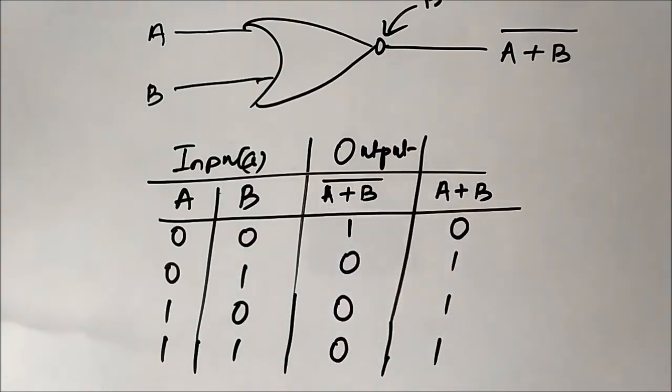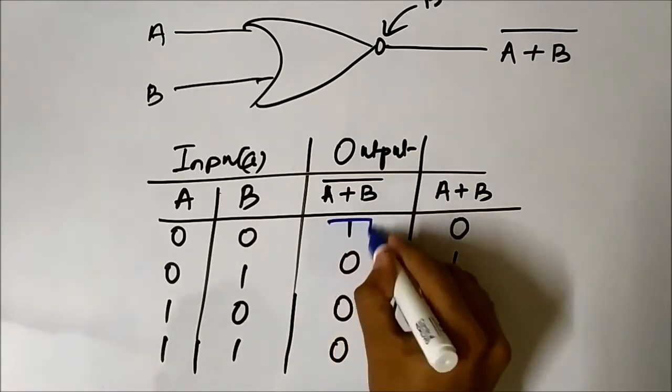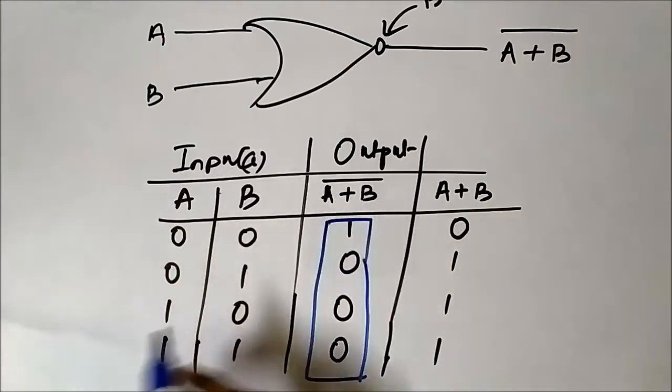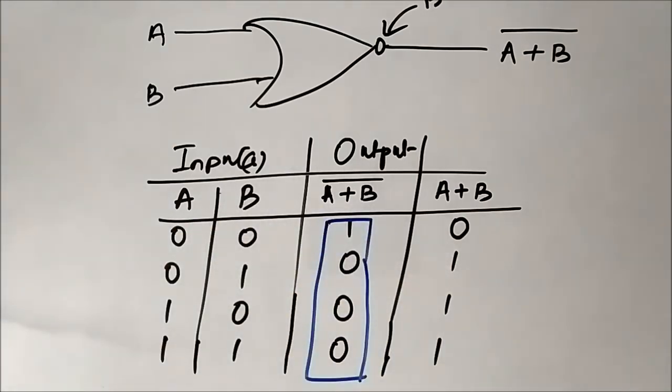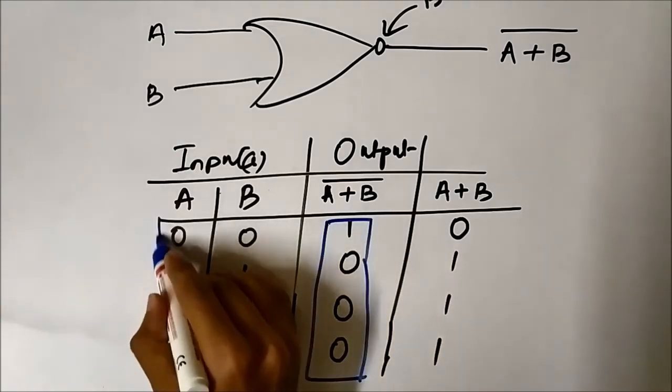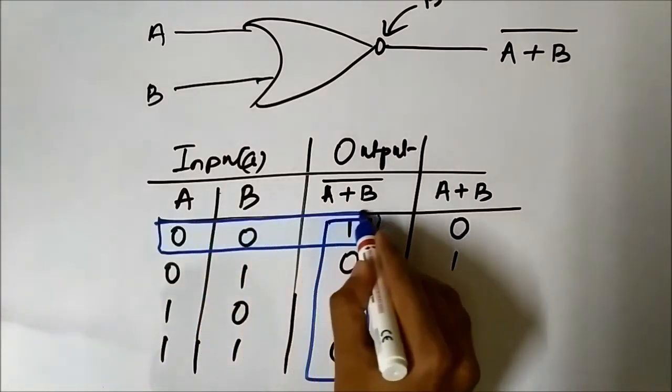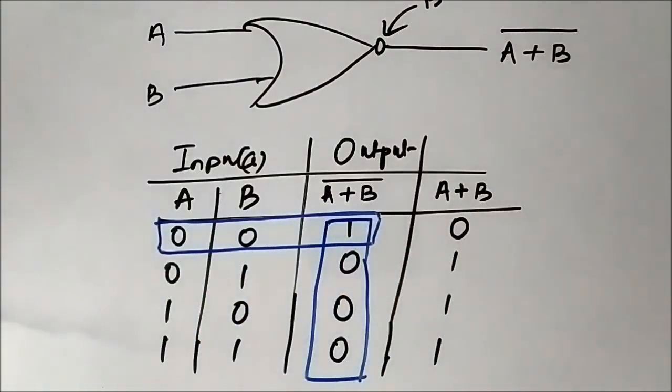So this is the NOR gate output that we are interested in. This is the output of the NOR gate for the four combinations of the two inputs A and B. Now this first row is the unique feature of the NOR gate.